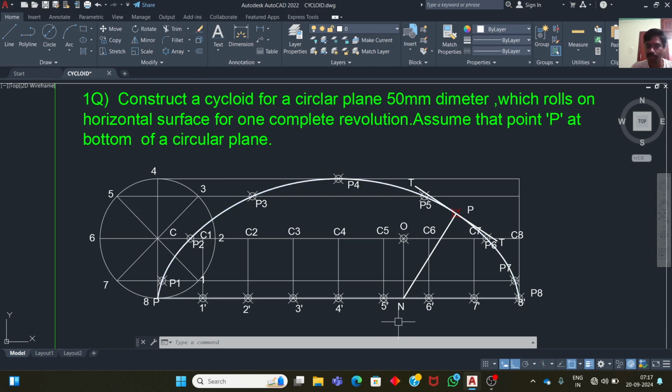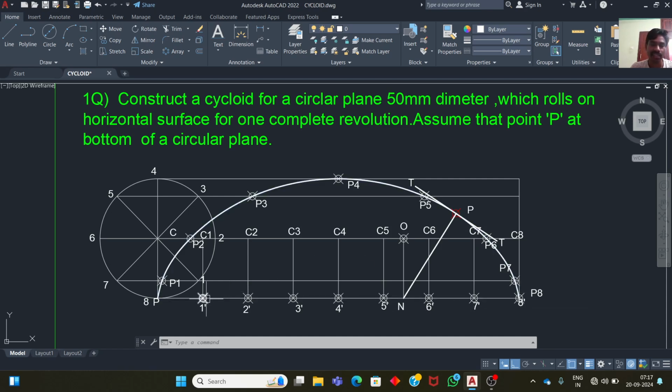Then draw one horizontal line. The line length is pi d or 2 pi r, so that is 157 mm. After drawing this line, we divide it into the same number of parts that the circle was divided into.